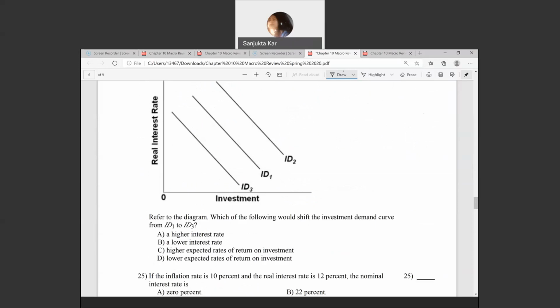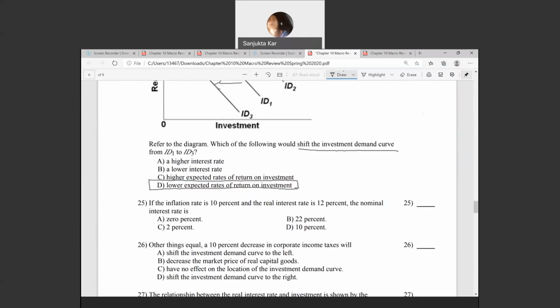Question number 24, which of the following is going to shift, not move, the investment demand curve from ID1 to ID3? This will be a lower expected rate of return on investment. Question 25. Inflation is 10%, real interest rate is 12%. What will be the nominal interest rate? Nominal is equal to the real plus inflation. This will be equal to 22%.